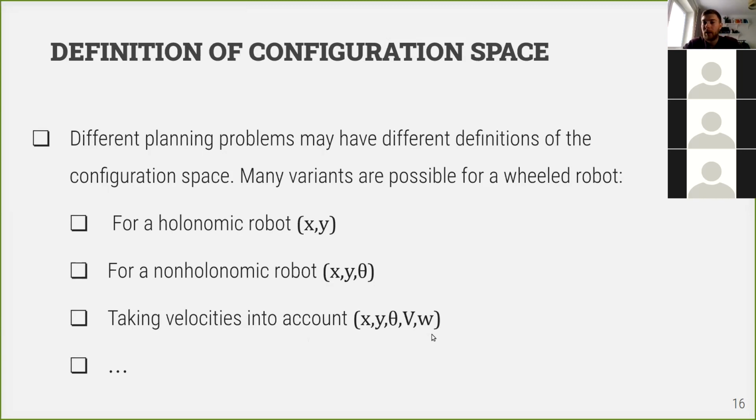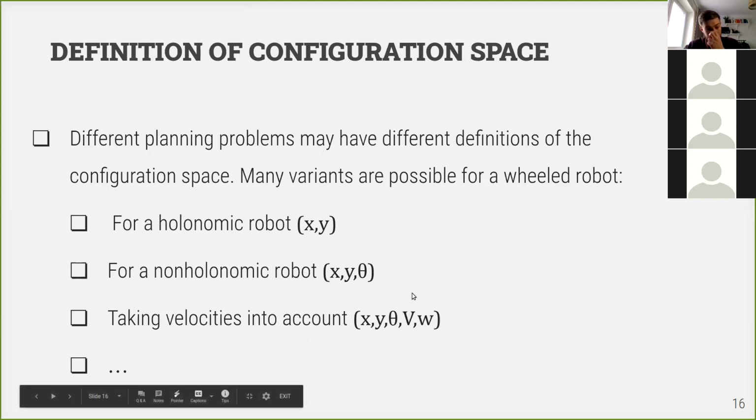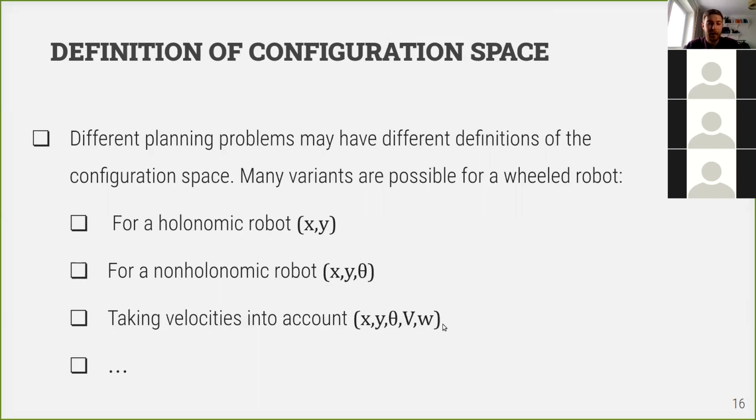For example, in autonomous cars, developers consider comfort of passengers, right? So you don't want to be inside the car which has huge accelerations and decelerations. That is why here in our configuration space, we also can consider acceleration and then first and second derivatives of acceleration.